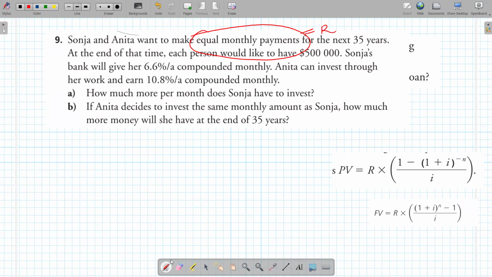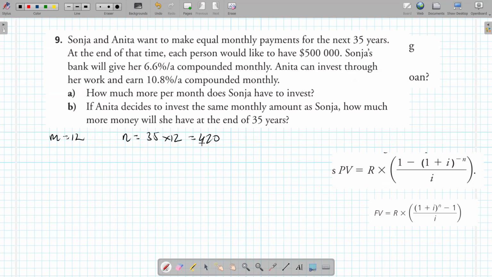Annuities, right? R. Because with compound interest, you're not really adding anything after you've deposited it initially. So we don't know what R is, but we know that m is 12 because they're making monthly payments. N would be 35 times 12. What's that? 420.